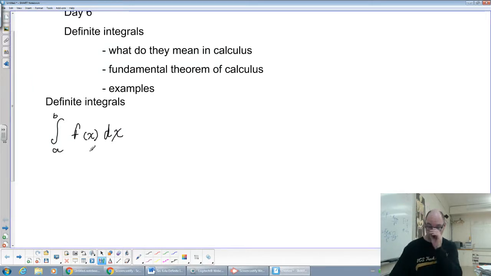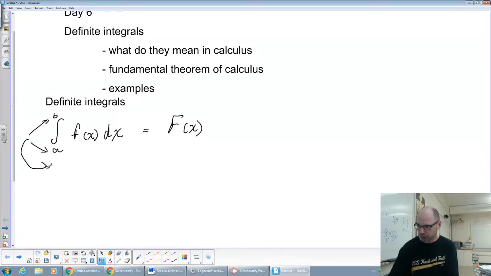And this is going to be equal to, we'll just call it capital F of x. So the integral, right? And this is basically a definite integral. These are the upper and lower limits. Okay, so these are the limits of the integral.